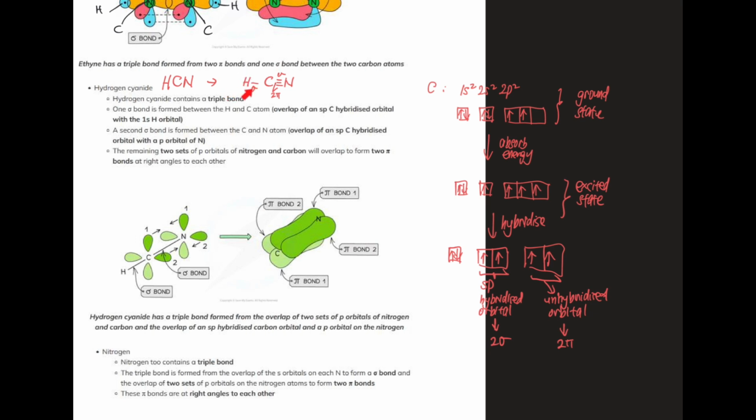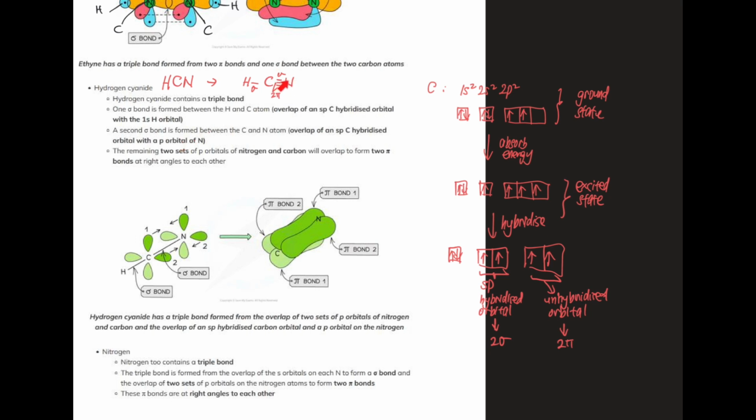So hydrogen uses 1s orbital. A second sigma bond is formed between the carbon and nitrogen, as you can see. Carbon, nitrogen, 1 sigma bond. So overlap of an sp carbon hybridized orbital with a p orbital of nitrogen. So this is the second sp hybridized orbital. It's going to overlap with the p orbital of nitrogen.